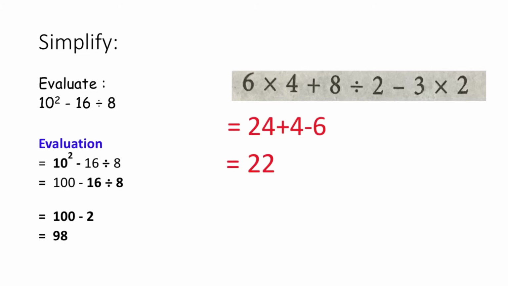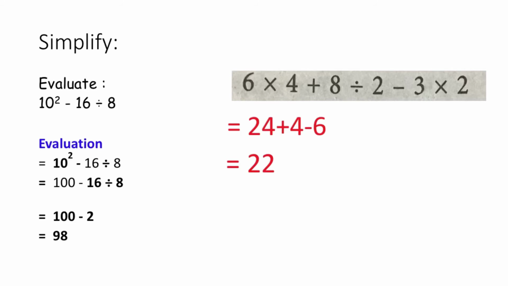Let's move on to the next one. Let's solve this problem using BODMAS. We know that we are supposed to do brackets first, but there are no brackets here. So all that is left is division and multiplication. Multiplication comes first from left to right, so let's do that first. 6 into 4 is 24.